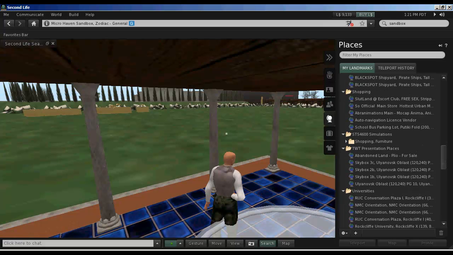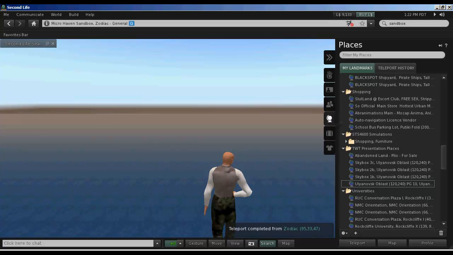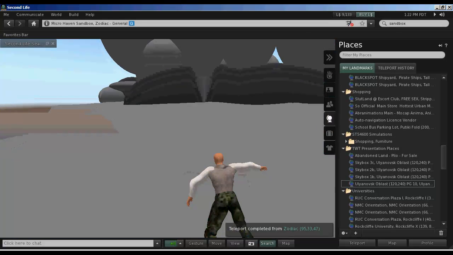We just teleported to another plot of virtual land. And note that the land is rezzing around us, that is, it's rendering.